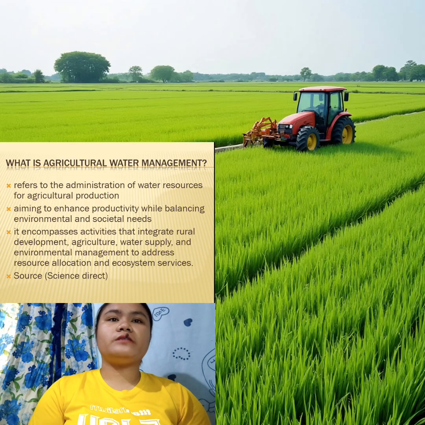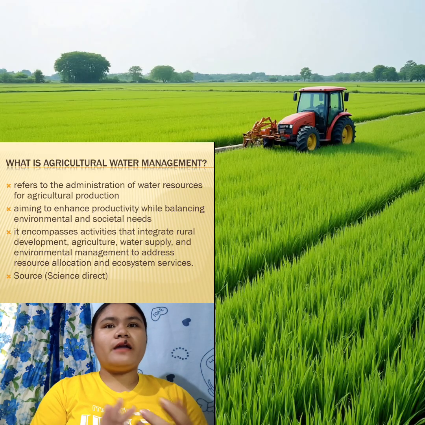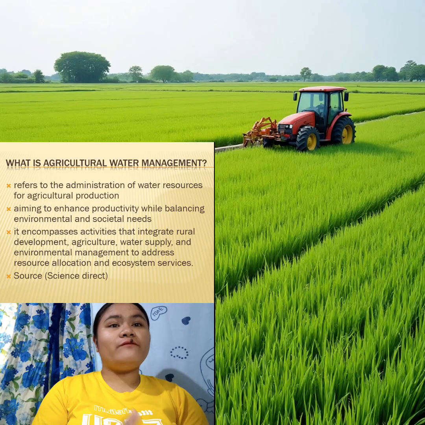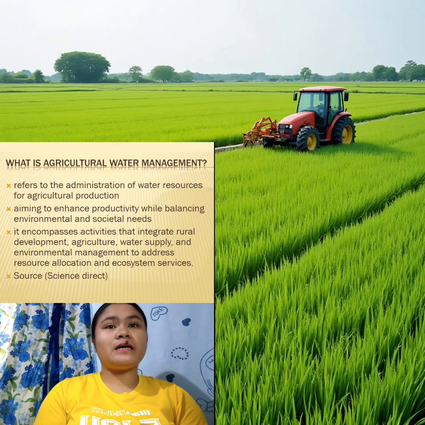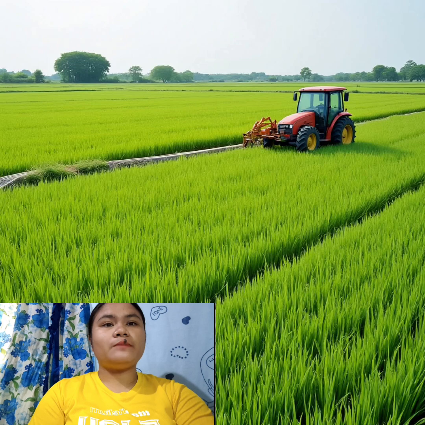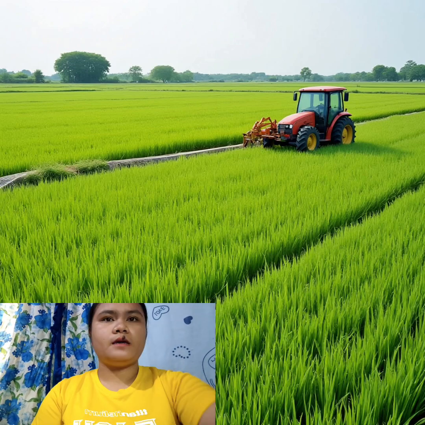In the Philippine context, this is especially relevant. Many farming communities in areas like ours here in North Cotabato depend heavily on well-managed water systems for our livelihood. So there are three types of water resources in agriculture.